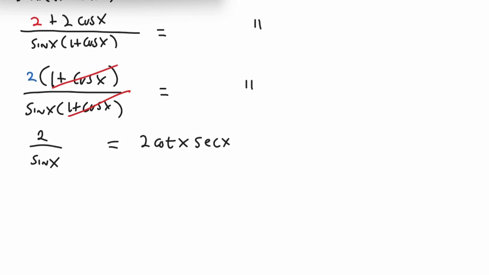So somehow we need to convert the 2 over sine x into 2 cotangent x secant x. Let's try converting cotangent and secant into cosines and sines. So cotangent is cosine over sine, and secant is 1 over cosine. So let's try manipulating this a little bit and see if we can get it to look somewhat like the left side.